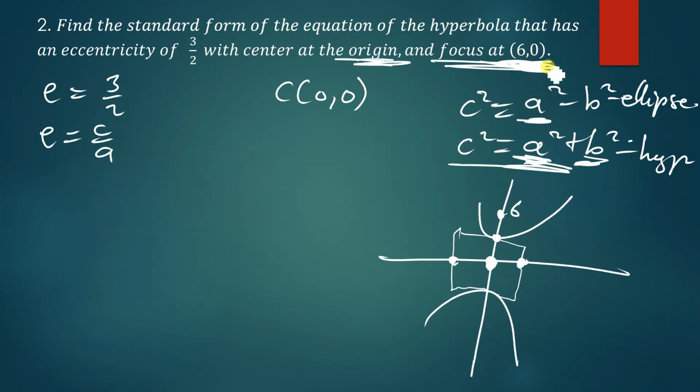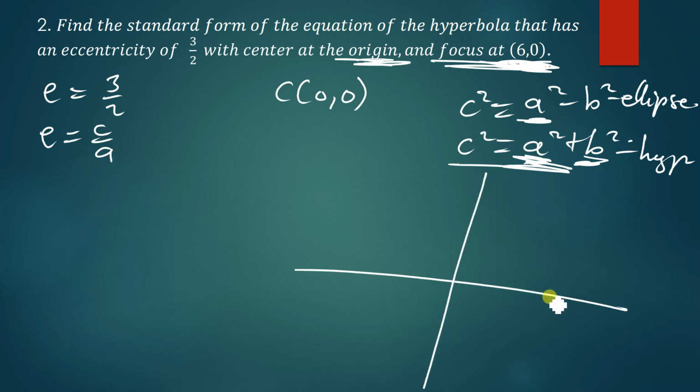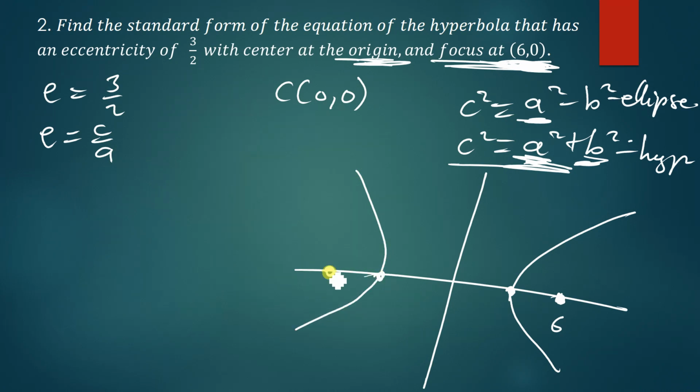This tells us that the orientation of this curve is along the x-axis. 6, 0 is somewhere there, and I'll approximate my vertex to be there, and the other vertex to be there. So I'll expect this point to be -6. And these are the asymptotes.